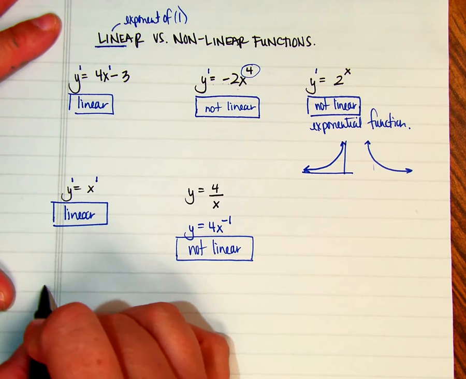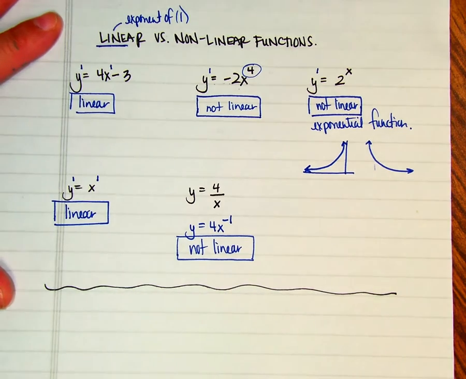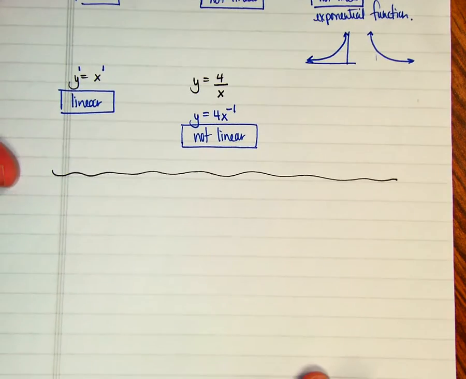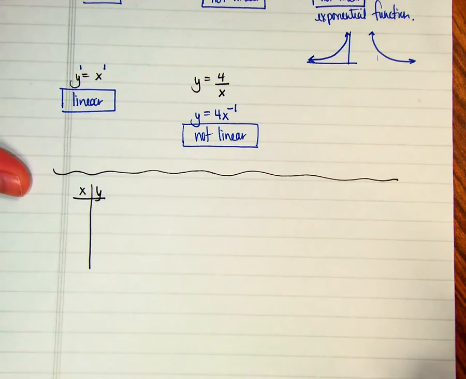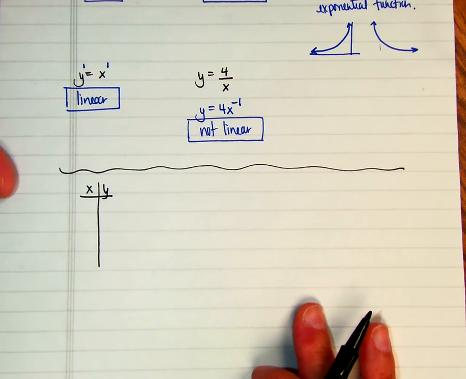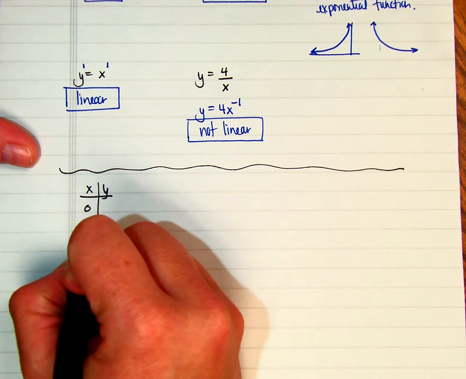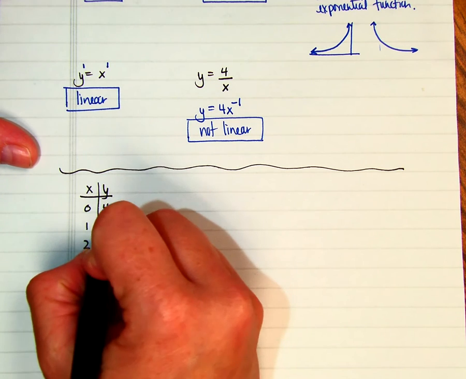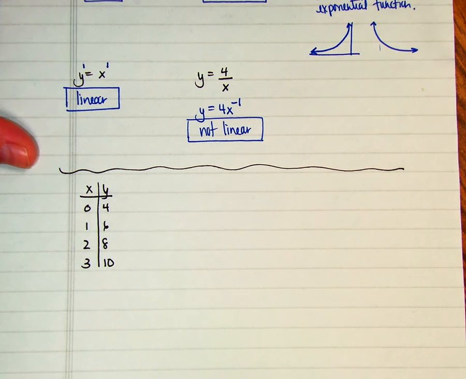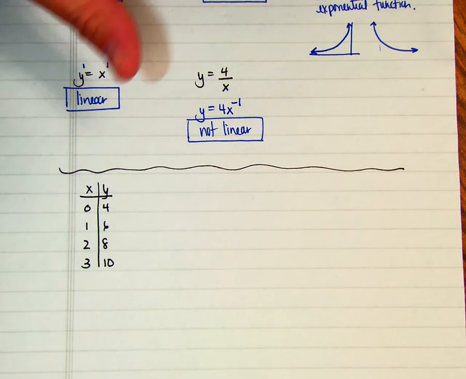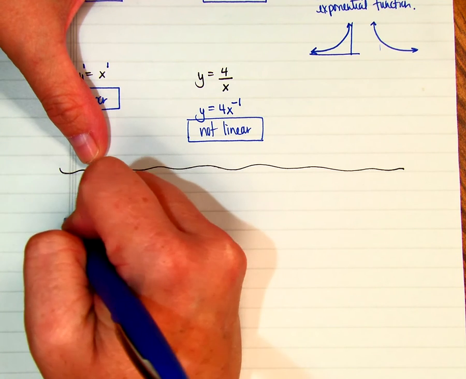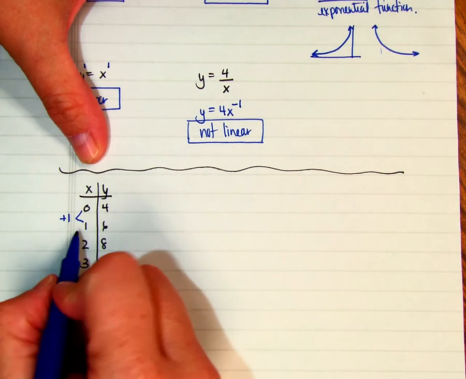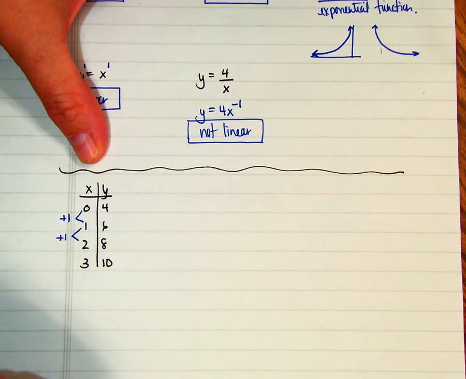If we do the same thing, linear versus nonlinear, but we look at a table instead, we can either look at the x and y table or the x and the f of x table. It doesn't really matter. What you are looking for is a constant change. So 0, this goes up 1. This goes up 1.